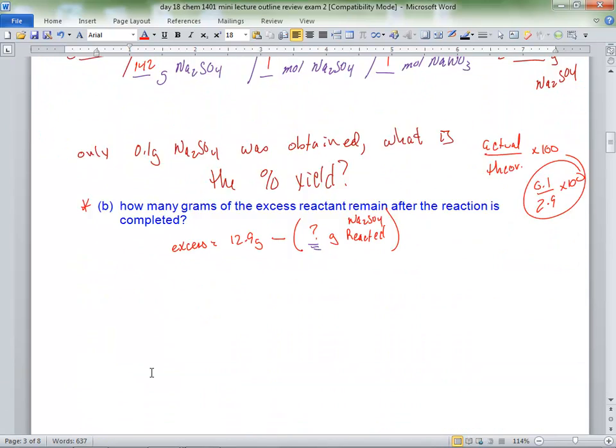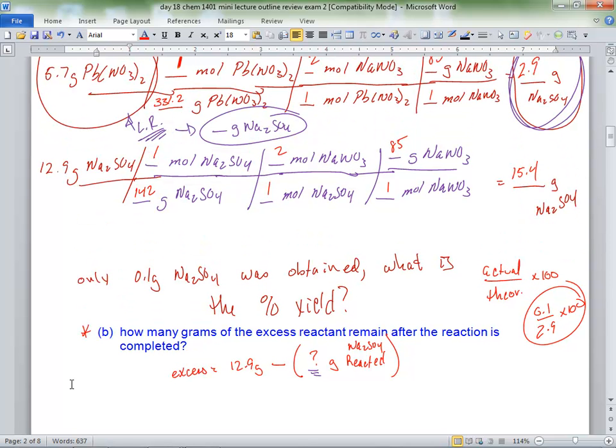Convert the limiting reagent into grams of sodium sulfate. And you know you screwed up if you got a number bigger than 12.9, because it's not possible.